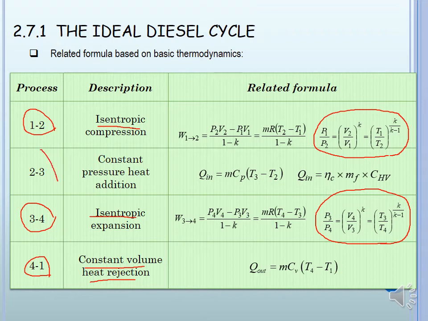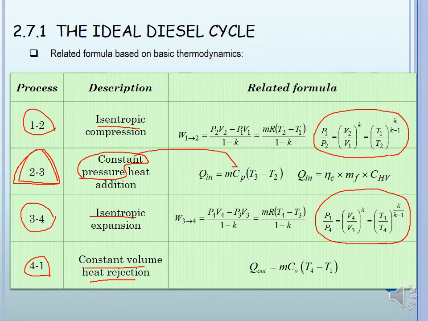Okay, the only difference is process 2 to 3, the heat addition. In the Otto cycle, the process is at constant volume, but in the diesel cycle the heat addition is at constant pressure.